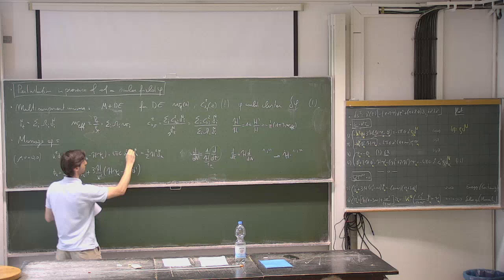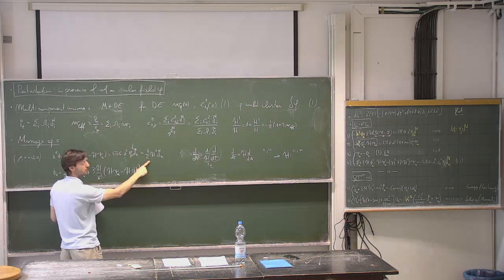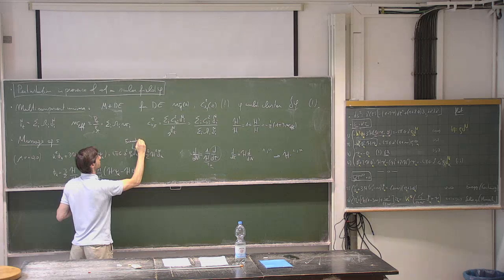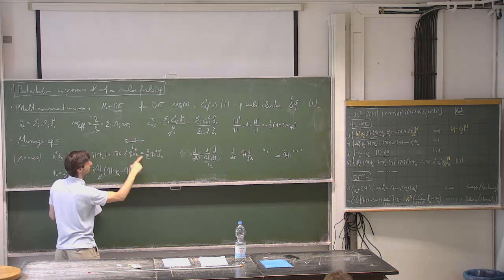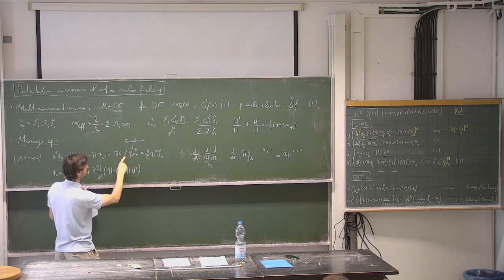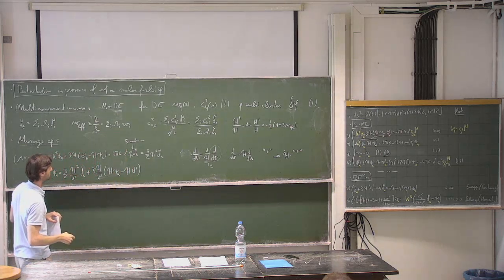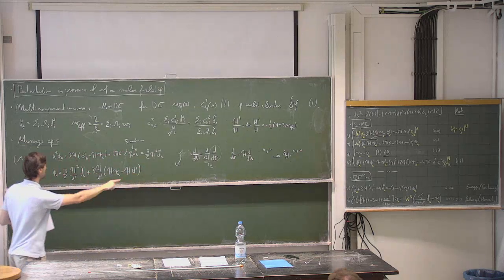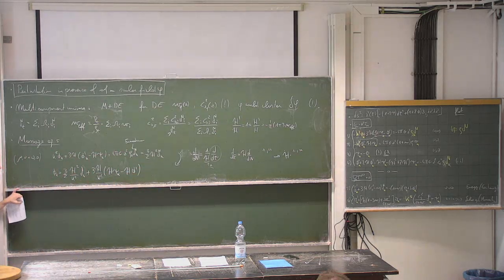Okay? From here to here I use the Friedmann equation again. So from Friedmann, from rho I extract h. And then that is a constant that they just drop out. Then from here we arrive at this expression.